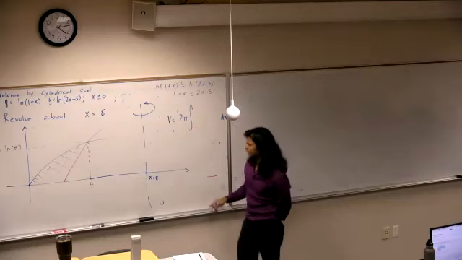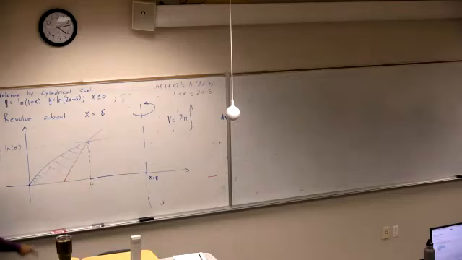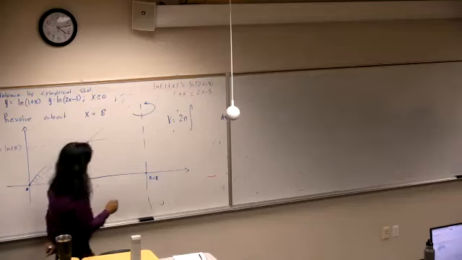Good. Okay, now that we've got dx sorted out, we can find the limits of integration. What are the limits of integration? Start at 0, go all the way up to 4. Agreed? Okay.